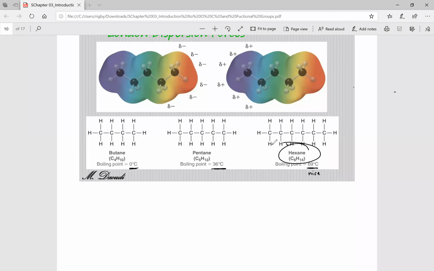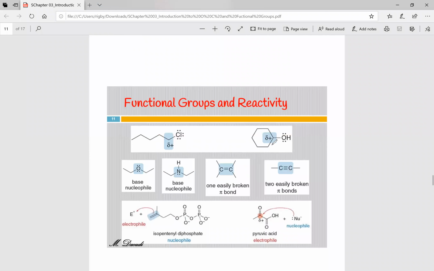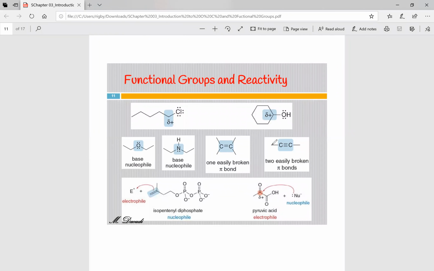So now let's move on a little bit, and we can talk about functional groups and reactivity. Again, like I said before, the functional groups are what make a carbon-based compound reactive. So this is what we're going to be talking about for most of the rest of the class.